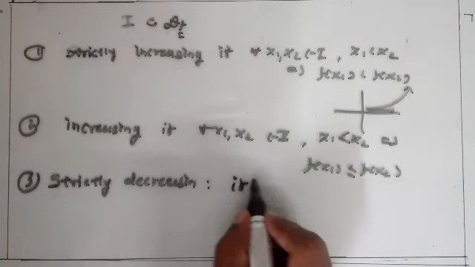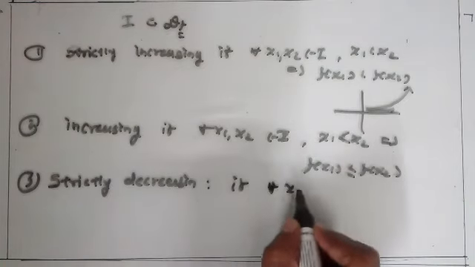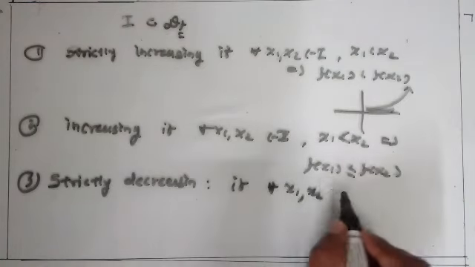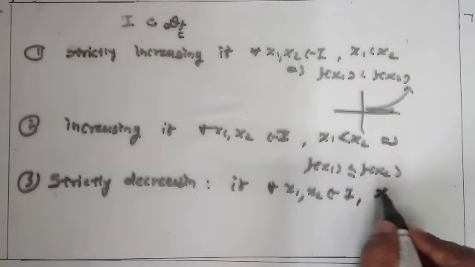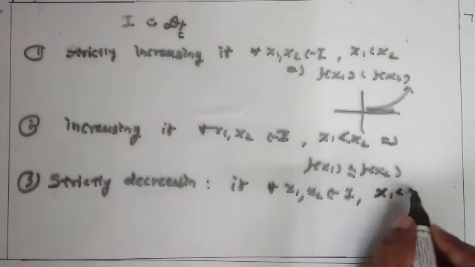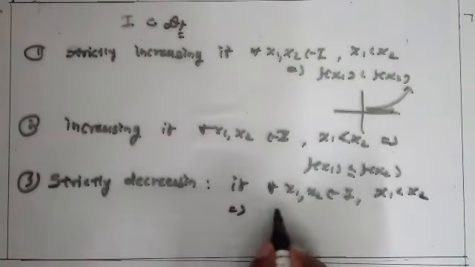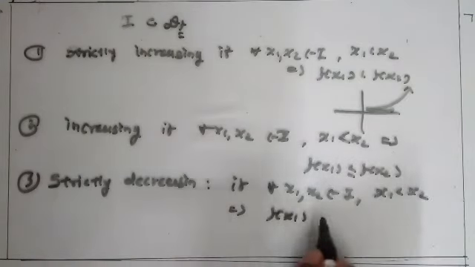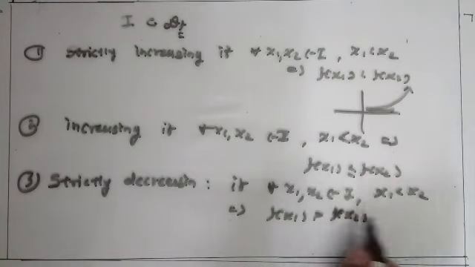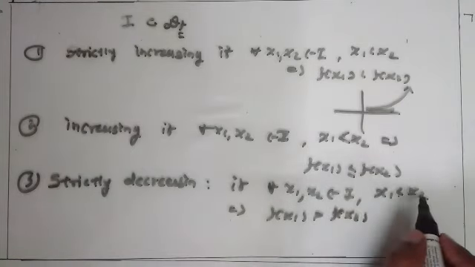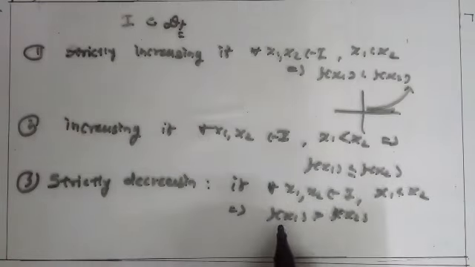If for all x1, x2 belongs to I, x1 less than x2 implies f(x1) greater than f(x2), or x1 greater than x2 implies f(x1) less than f(x2).